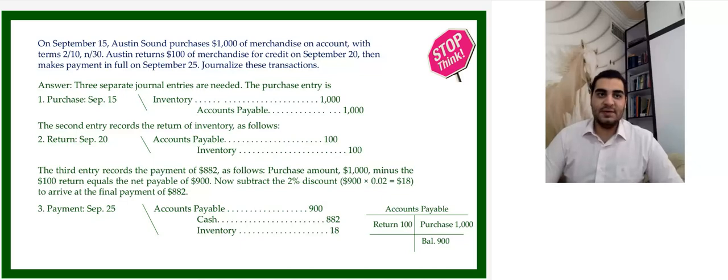As for the final entry, the third one, we have a payment of $882 because it was paid during the discount period. So the 2% must be deducted from accounts payable, which was $900. So we're going to debit $900 for accounts payable, and then we're going to credit cash and inventory for these amounts as you see here.